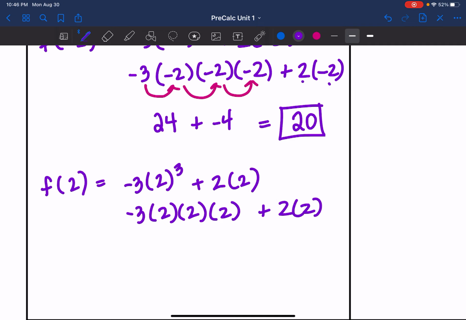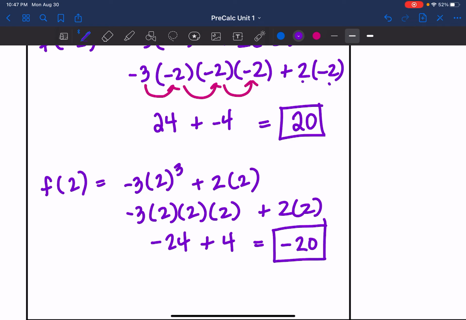So this makes it a little bit easier for me to calculate. Negative 3 times 2 is negative 6. Times 2 again is negative 12. Times 2 again is going to be negative 24. And then plus 2 times 2 is 4. So negative 24 plus 4 gives me negative 20.